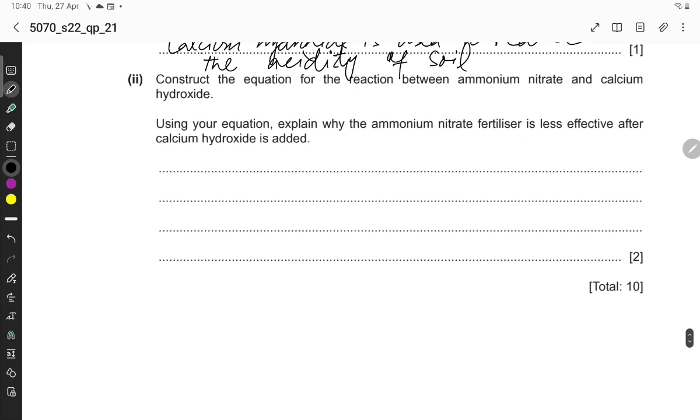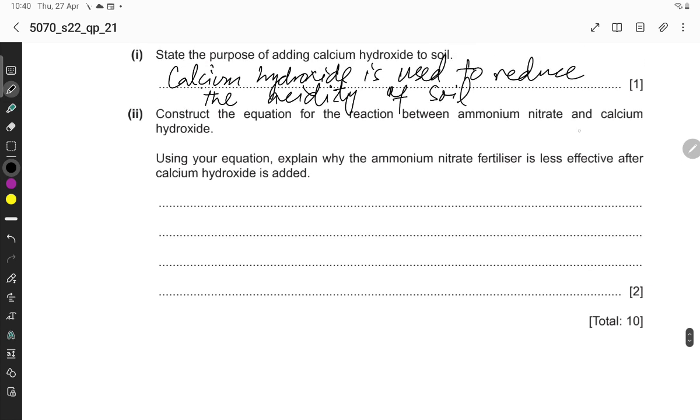Construct the equation for the reaction between ammonium nitrate and calcium hydroxide. Using your equation, explain why ammonium nitrate fertilizer is less effective after calcium hydroxide is added.